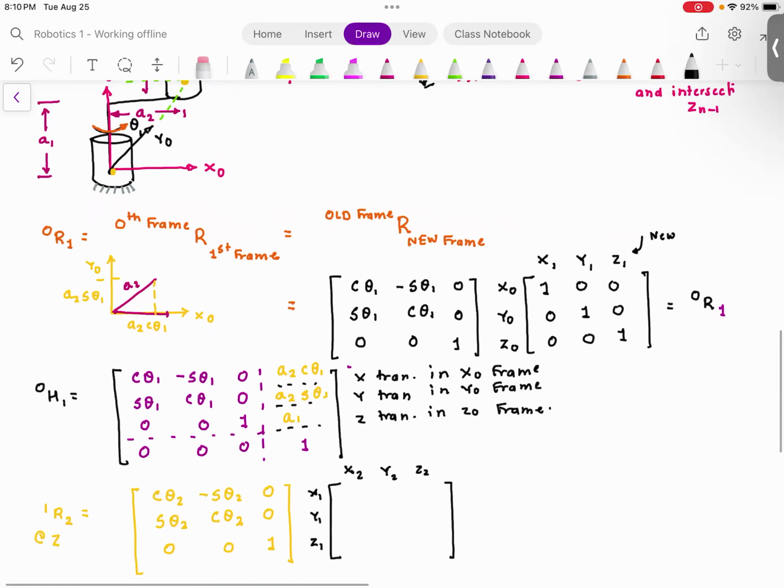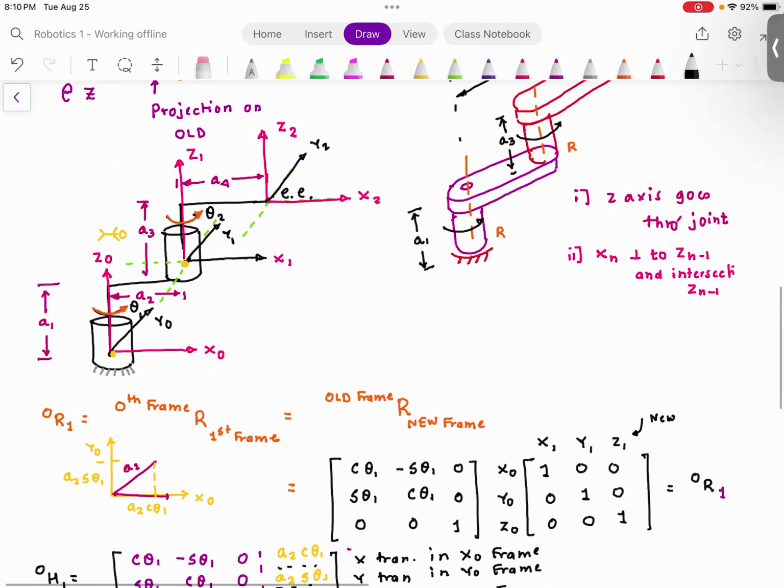And now I want you to look at and tell me, and we did this exercise before, can you see x2 is aligned with x1? y2 is aligned with y1. z2 is aligned with z1. So do you agree with me that the projection matrix is going to be an identity?